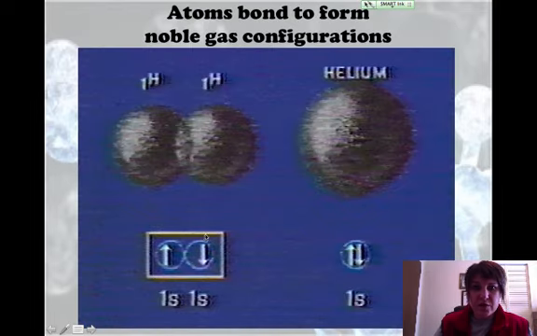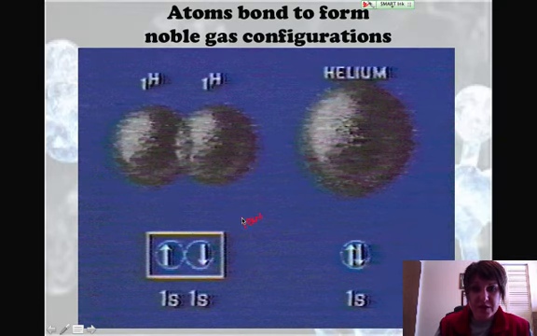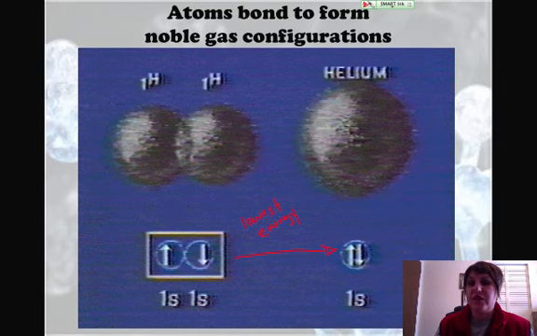So in this example, we have two hydrogen atoms that overlap their orbitals so that they can become more stable. That's why bonds form between atoms, to get to the lowest possible energy. And we know the lowest energy state would be the energy state of completely filled orbitals, just like the helium atom here has. So if we had two hydrogen atoms that overlap their atomic orbital structure, their atomic orbital regions, then they can attain the noble gas configuration of helium.